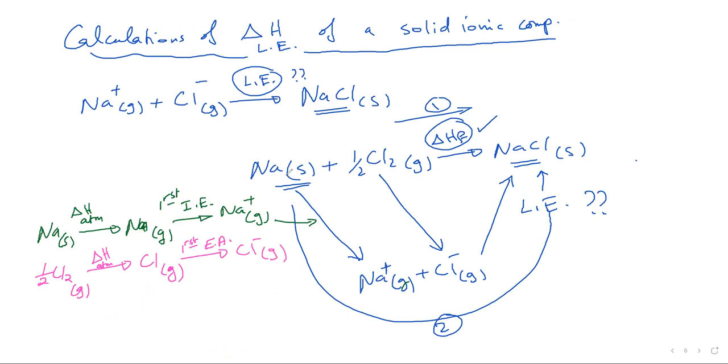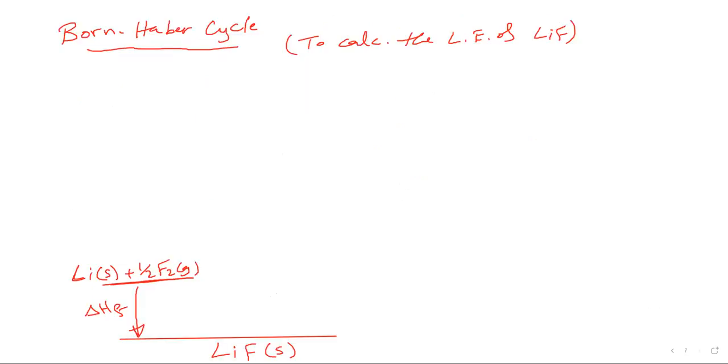Now I want to change the lithium to lithium ion gas and the fluorine to fluoride ion gas. So we are going to start, for example, with the lithium and end up with lithium ion in the gas state, and then go to the fluorine. So we start one by one.